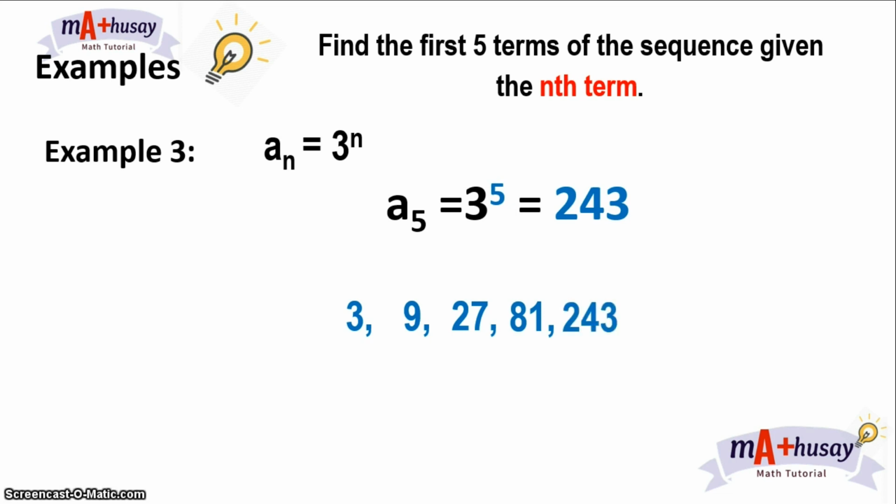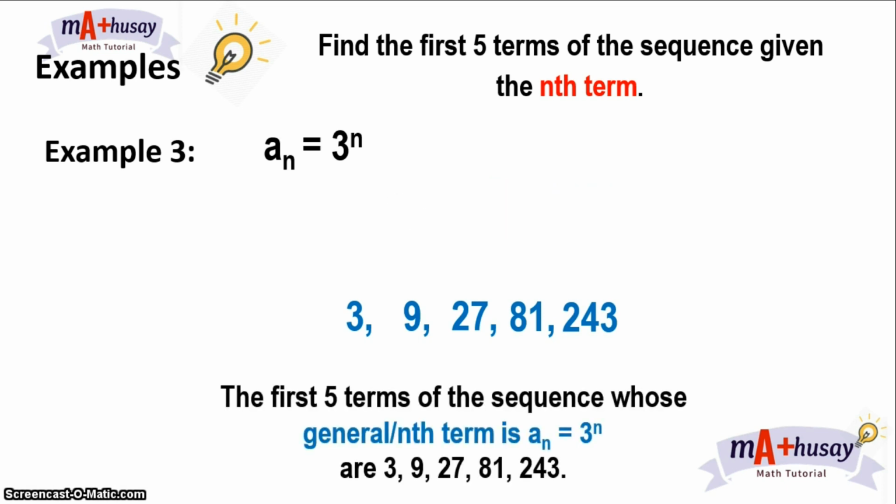So, the first 5 terms of the sequence whose general or nth term is a sub n equals 3 to the power of n are 3, 9, 27, 81, and 243. So that's how easy it is to find the terms of a sequence given the general or nth term of the sequence.